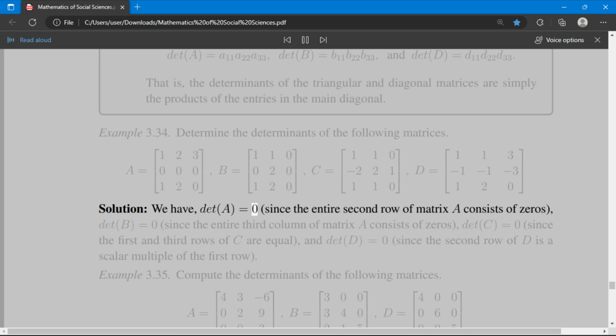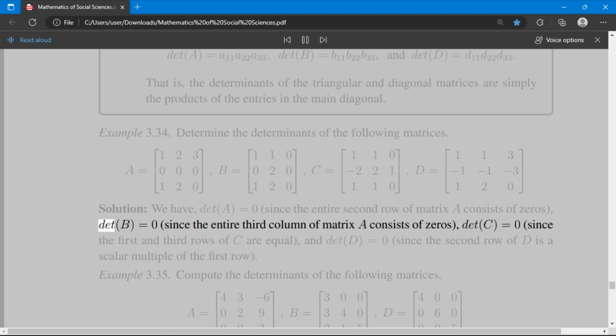Solution: we have det A equals 0, since the entire second row of matrix A consists of zeros. Det B equals 0, since the entire third column of matrix B consists of zeros.